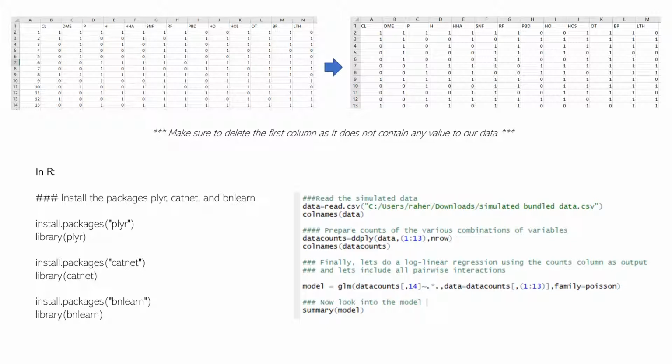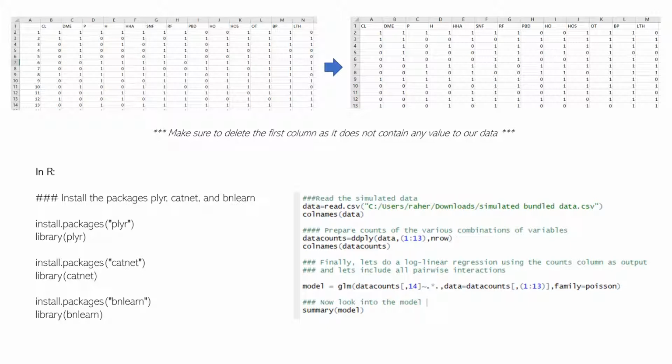In this case, the plyr package in R will be installed along with catnet and bnlearn. The plyr package in R is a set of tools for a common set of problems such as splitting, applying, and combining data. In many cases, plyr is as fast as or faster than the built-in equivalents.